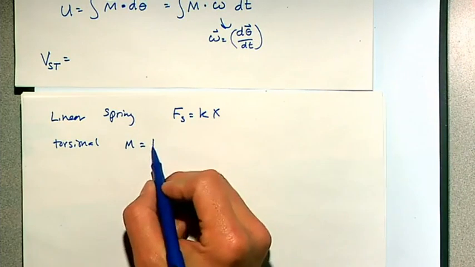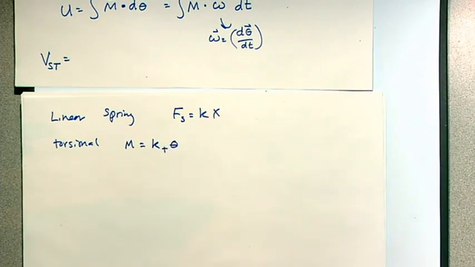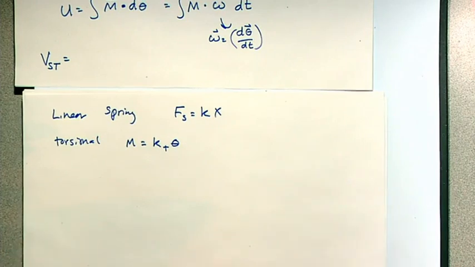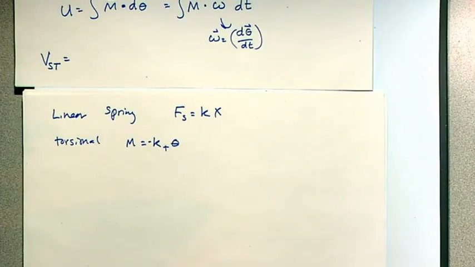And our moment is k torsion times theta. And apparently I got a negative sign in here because it's going to be a restoring moment. Whichever way you turn this thing, it's going to want to go back the other direction, right?